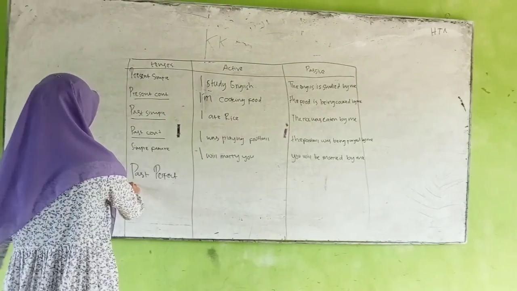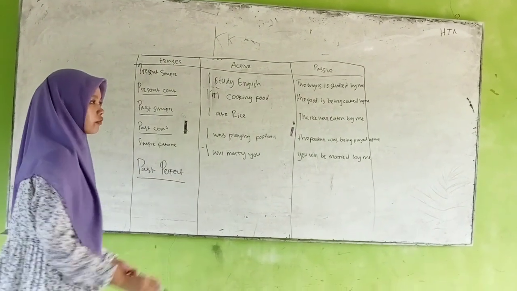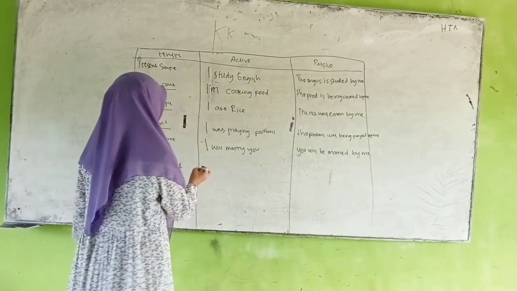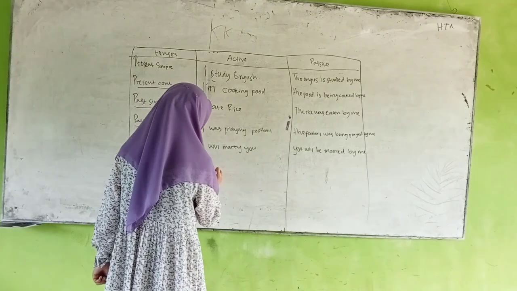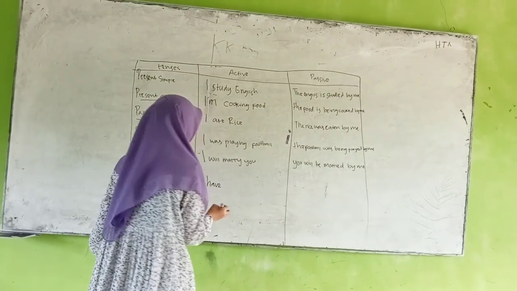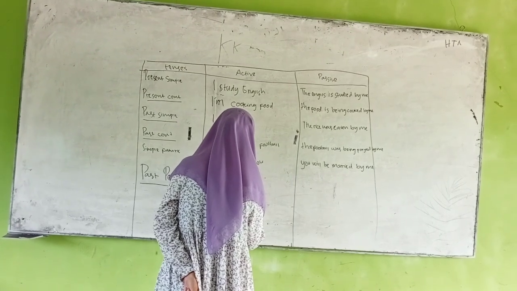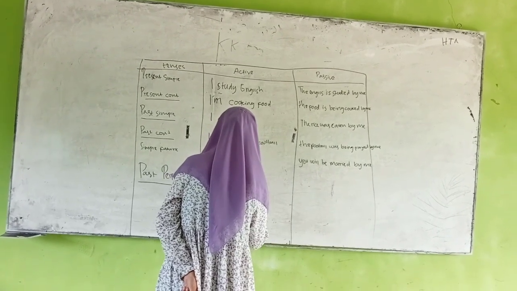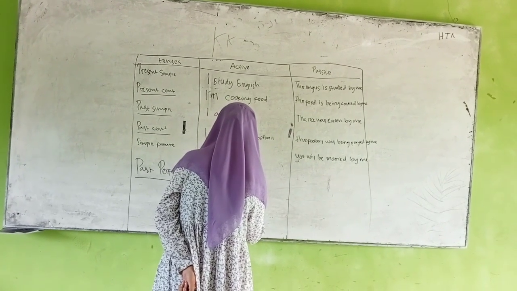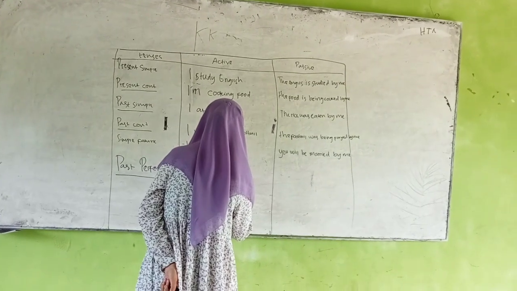And in the present perfect, we use have, for example, I have drunk water.